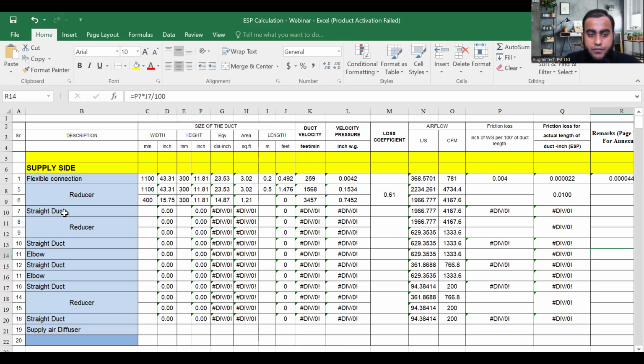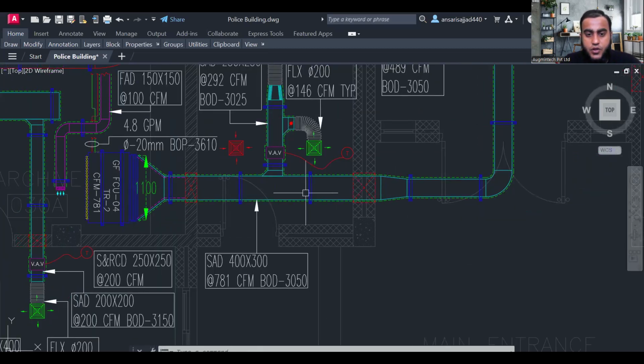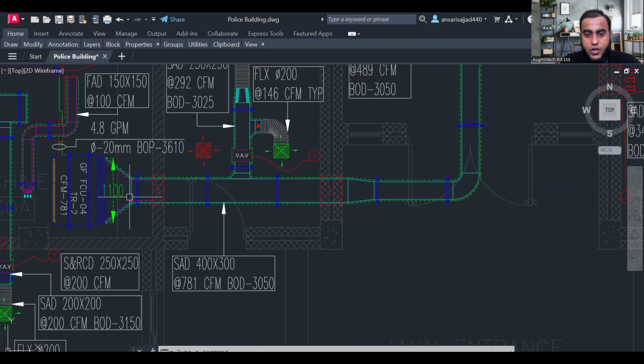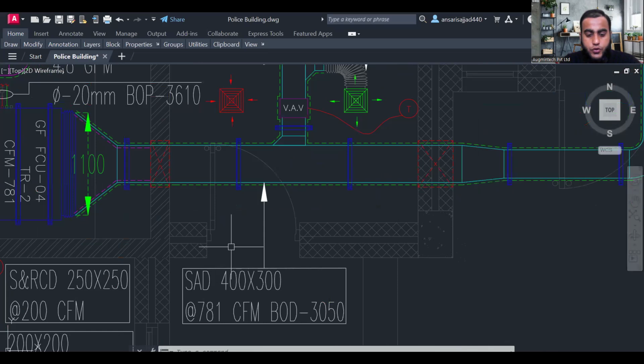Now same way, next after reducer, when you see, then we have a straight duct. Now you have to calculate the friction loss value in a straight duct. So simply by using the formula also you can go.